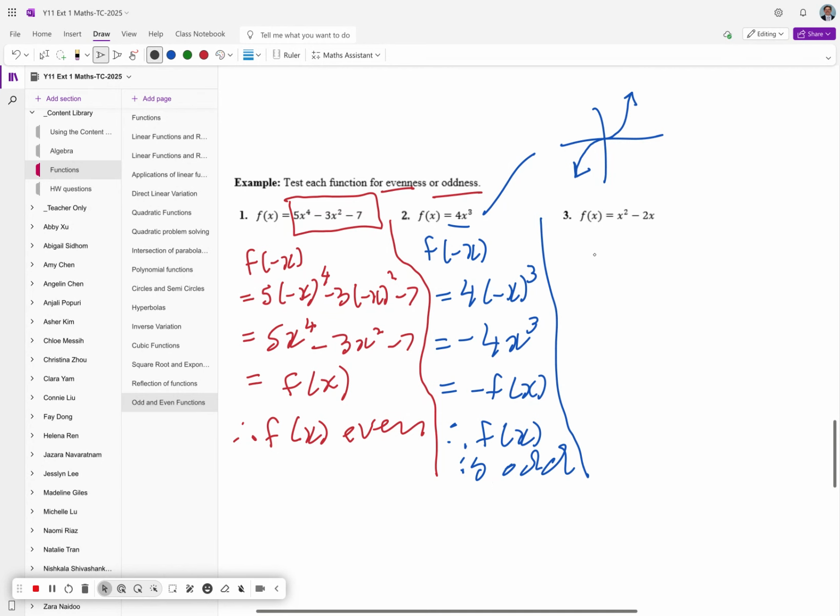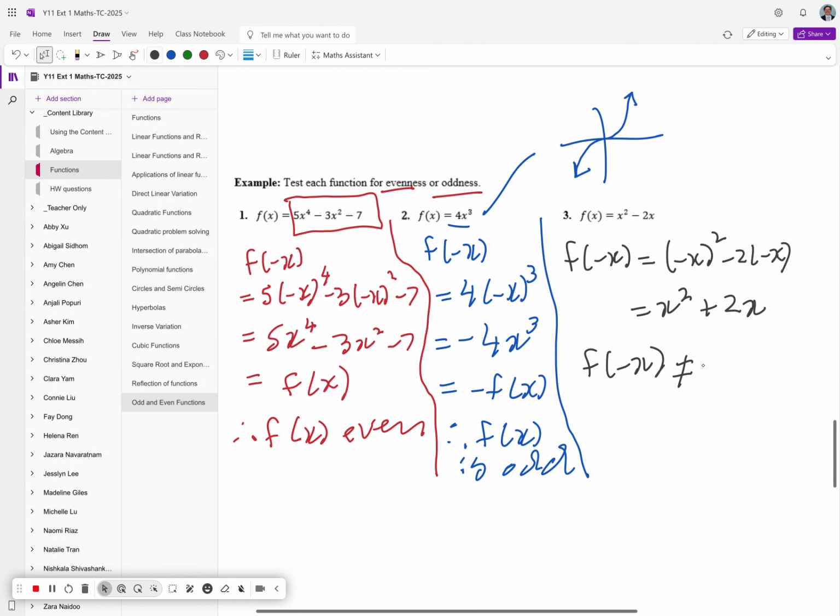So f of minus x equals minus x all squared minus 2 times minus x, which equals x squared plus 2x. Now, there's a problem with that, isn't it? First of all, we notice that f of minus x is not equal to f of x, so it can't be even.